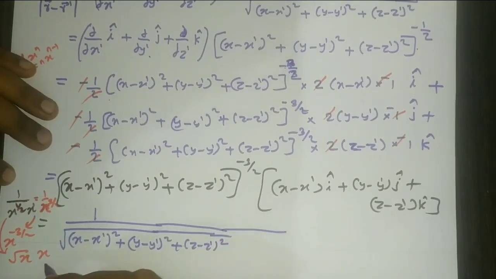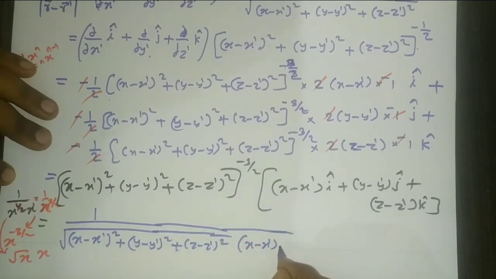Then one more quantity will be here, that is (x − x'), because this is power 3/2, which is root of 1/2. Next (x − x').